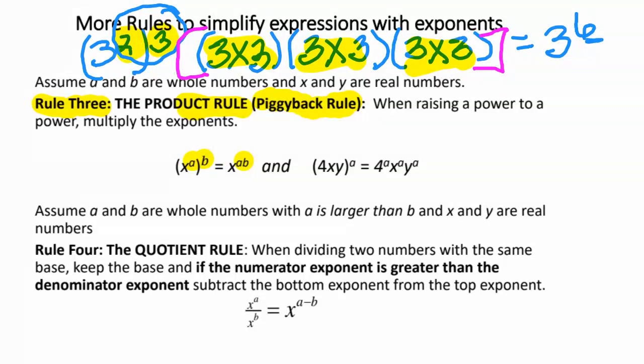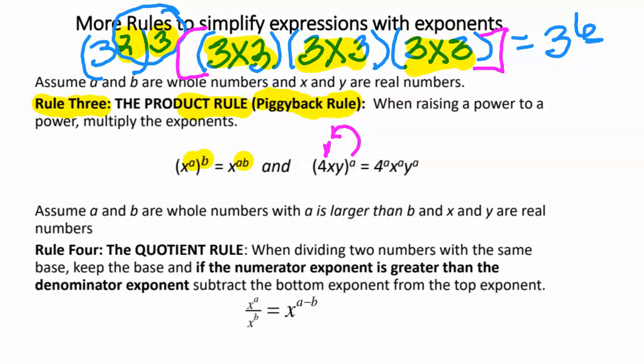Now, be very careful when you have a number. This 4 has a power of 1. I may not write that 1 all the time, but it's understood to be there because this a multiplies by the power of 1.